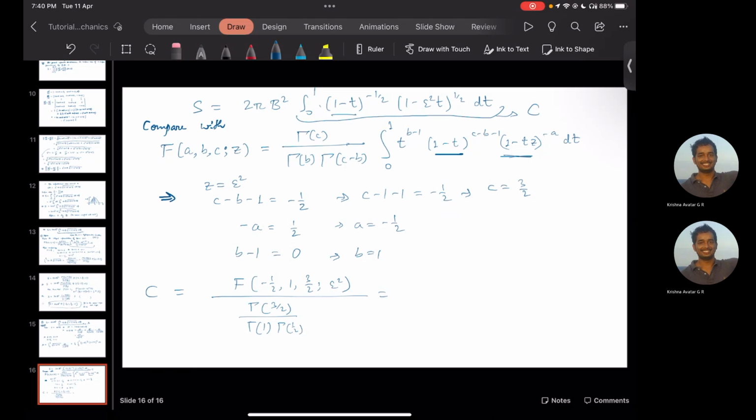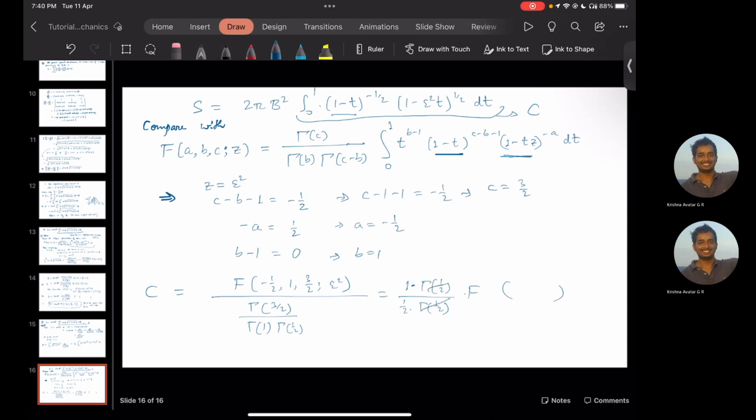And we recall very well that this term is gamma of 1, which is 1, into gamma of half, and the other one is half into gamma of 1 by 2, into f and the rest of the arguments.